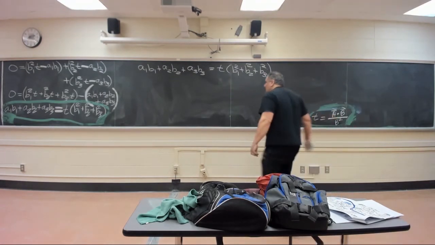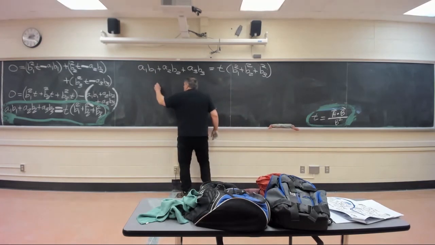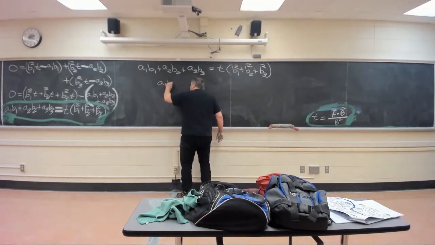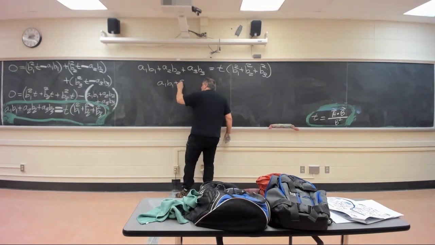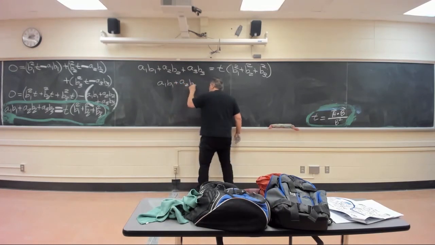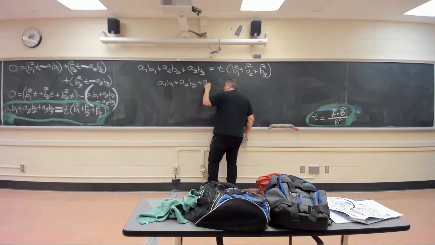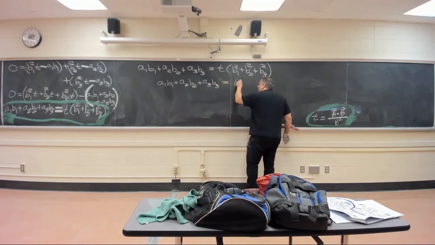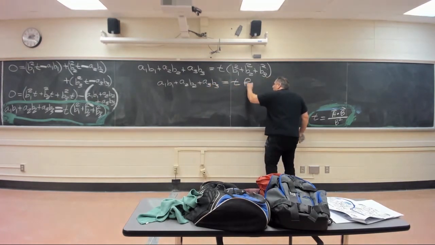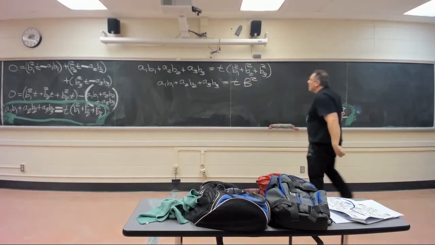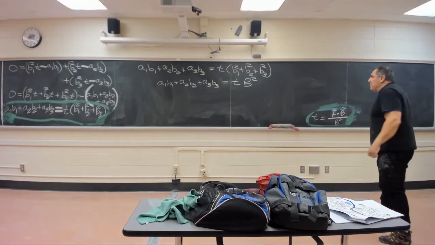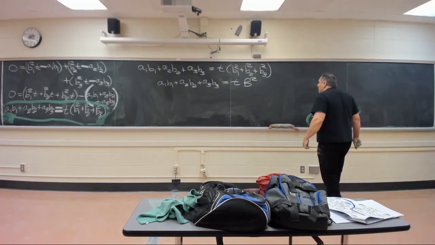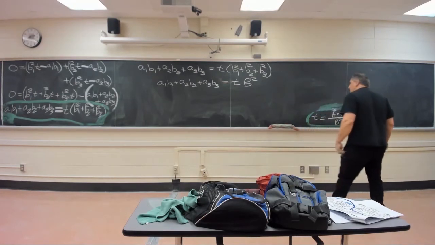What does that mean? A1B1 plus A2B2 ... the B1 squared plus B2 squared plus B3 squared is B squared.